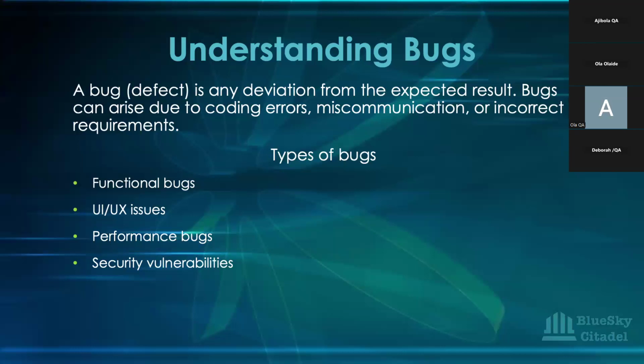Then performance bugs. Performance bugs have to do with the speed of the website, how well optimized the website or the application is. Most applications, for instance banking applications and airplane applications, are performance critical.